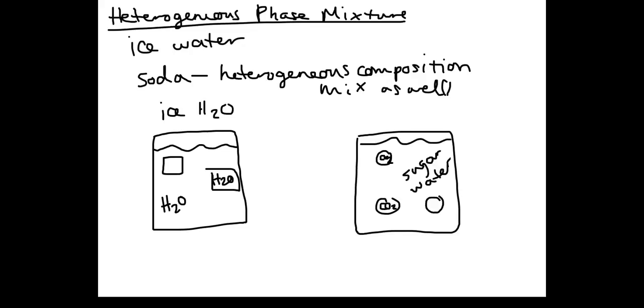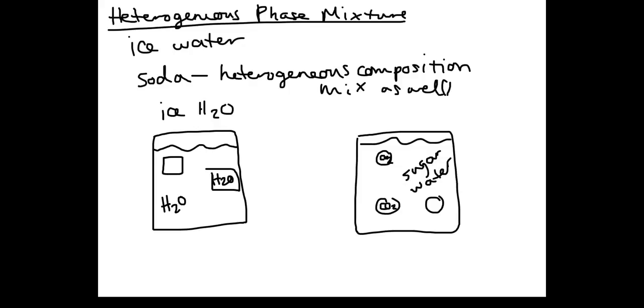So the bubbles are not only a different phase, gas versus liquid, they're also a different type of molecule, because you have CO2 here and then you have sugar water here. So not only are the phases not mixed, the chemicals here, the molecules, are not uniformly mixed, because you have pockets of CO2 and then you have pockets of sugar water. Are we clear on that now? Yeah. Okay.